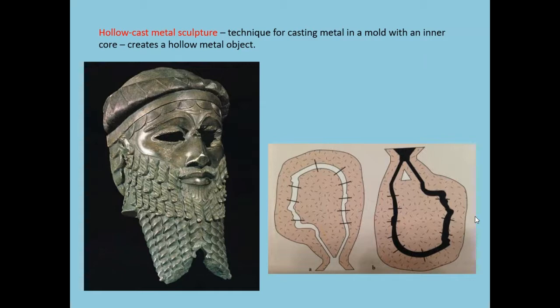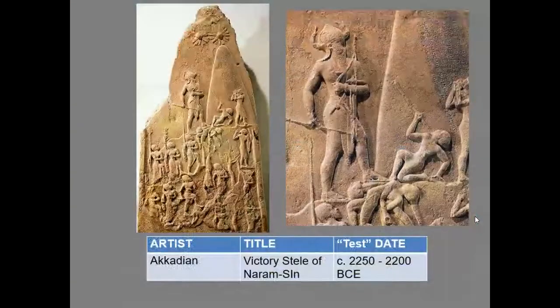That wax face or head and body would have had metal pins poked through it, and then another mold made around the outside of that, and then the wax melted out, and the pins would then hold the core, the inside, to keep it from slipping, leaving an empty space, almost like a skin around the sculpture, and then hot, molten metal would be poured in. Once it's cooled, the outer mold is broken off, the inner mold could be taken out as well. What we call the investment, the core on the inside, could be removed.